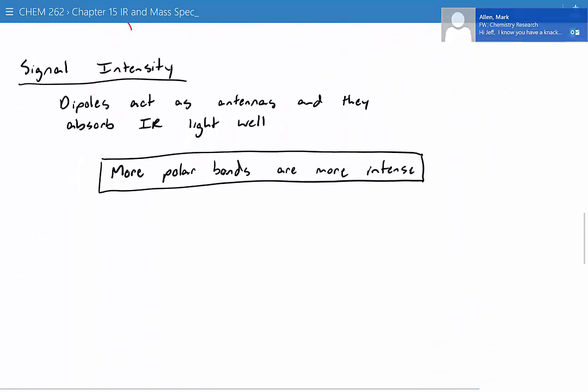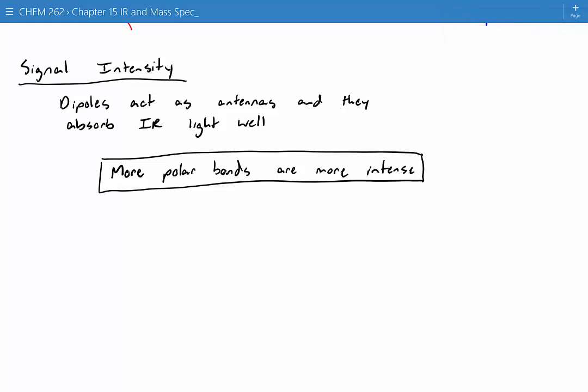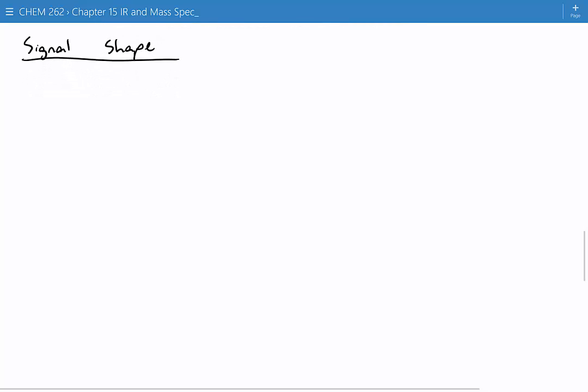All right, there's one other one besides signal intensity, and that is signal shape. If we think back to our labs, we know that we can determine a lot about the shapes of molecules, right? Specifically, we've got broad shapes.